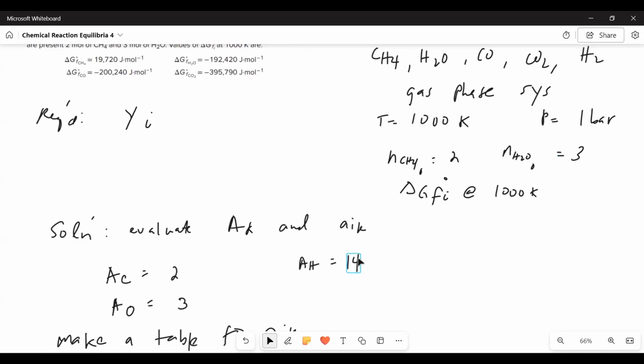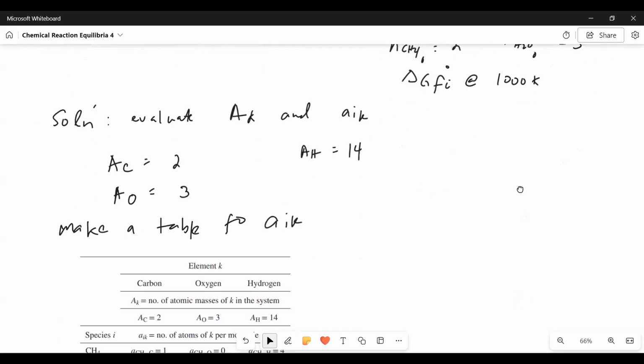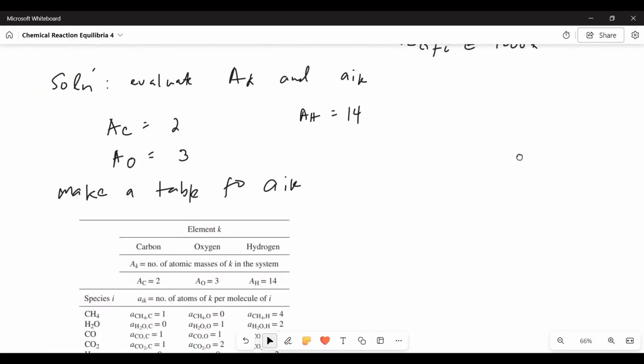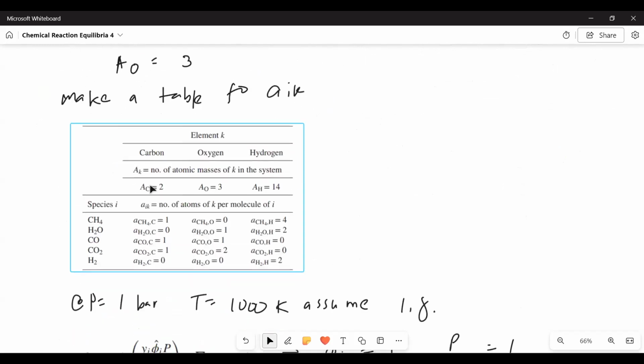So that gives us 14. Okay? And after evaluating capital letter A sub k, we now make a table for small letter a sub ik. And this is the table.